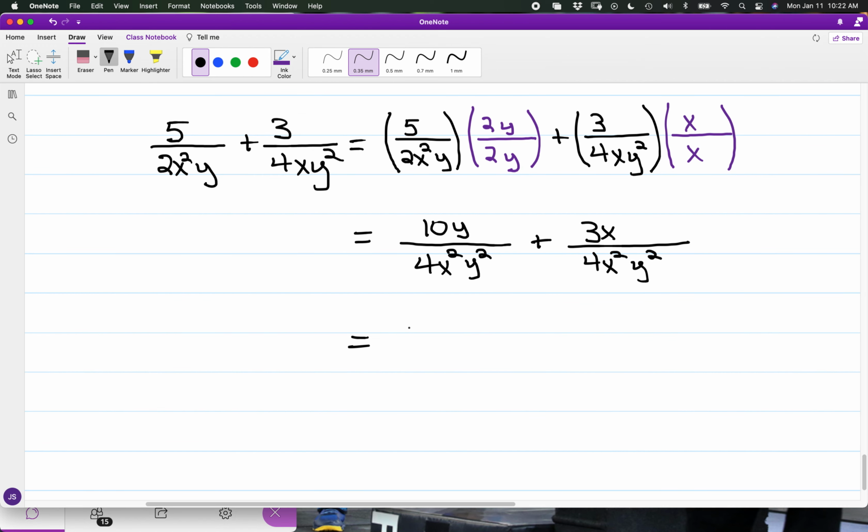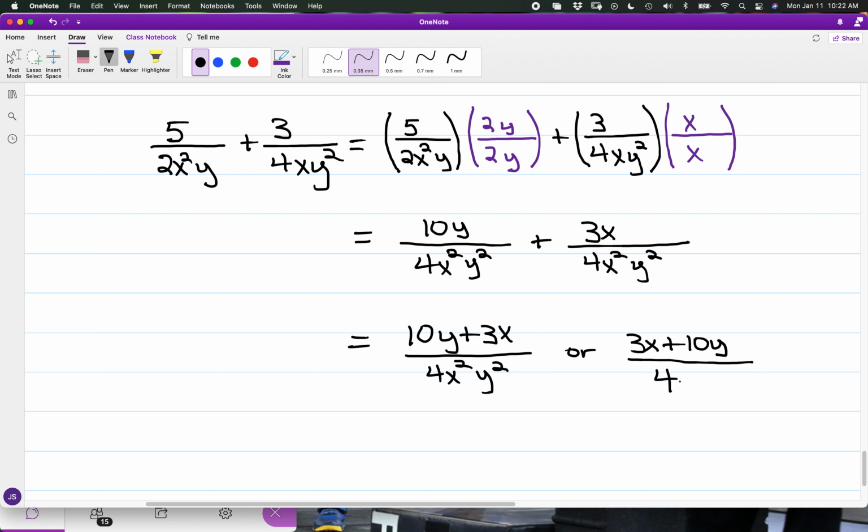And so in the result, we have 10y plus 3x all over 4x squared y squared. And if you care to put it in alphabetical order, you have 3x plus 10y all over 4x squared y squared.